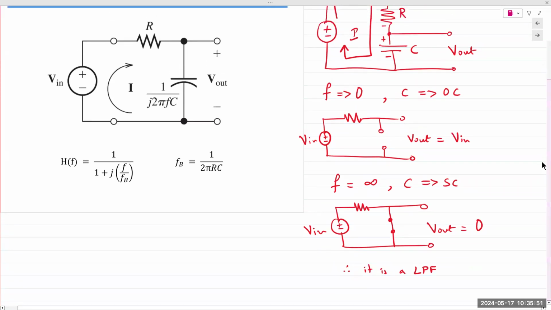There is a derivation. The derivation is rather straightforward, but again, we don't usually do that for 201. You can find I by applying Ohm's law, V over ZEQ.